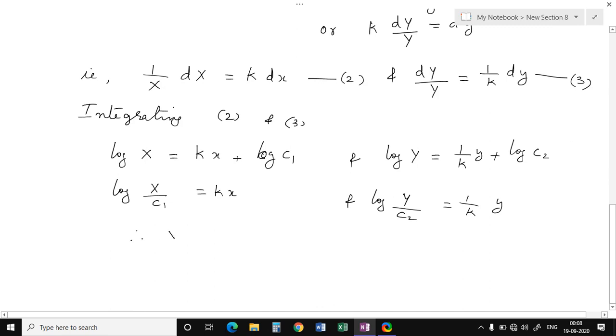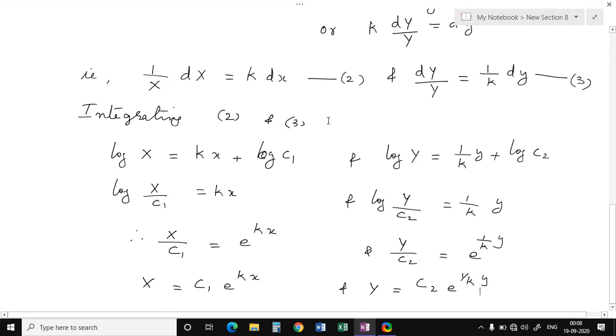Therefore, X by c1 equal to e to the power kx, and Y by c2 is equal to e to the power 1 by k into y. This implies X is c1 e to the power kx, and Y is equal to c2 e to the power 1 by k y.